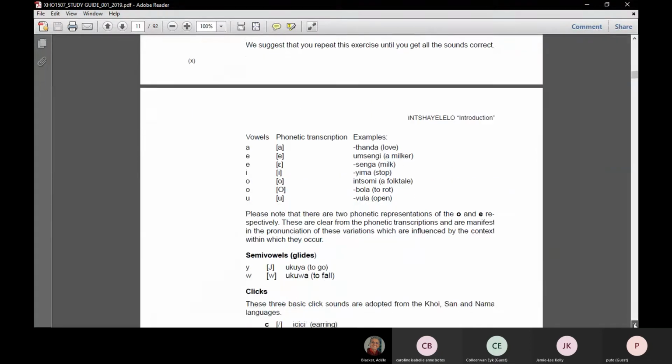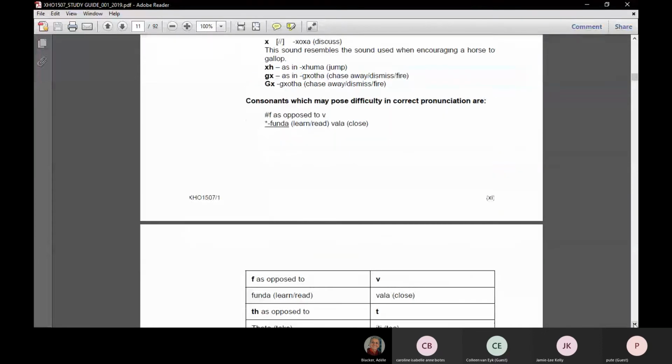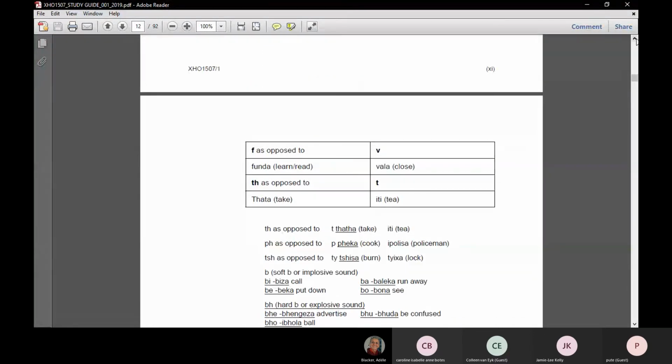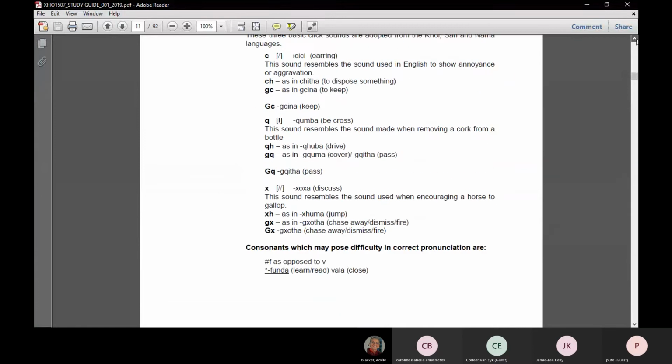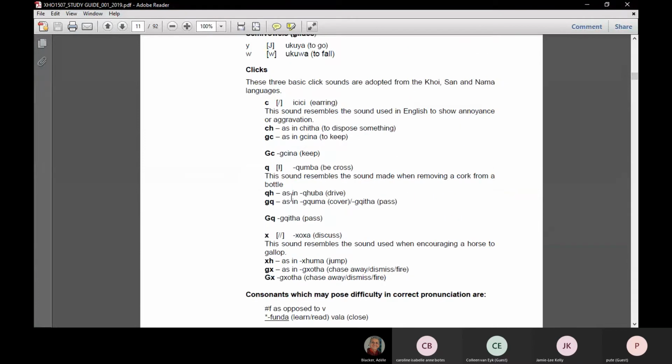Let's move on past the clicks. When you said GQ, when G is supporting the Q, it's going to make a click sound, but G depends on the presence of Q to make that sound. If G alone is in the word, like uyagula, meaning you're sick, the word has no click.